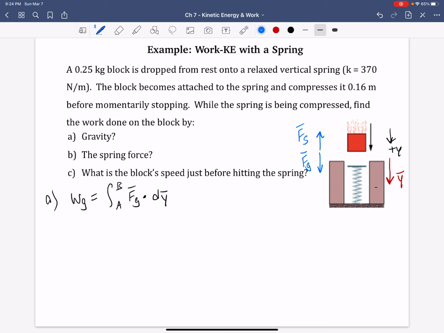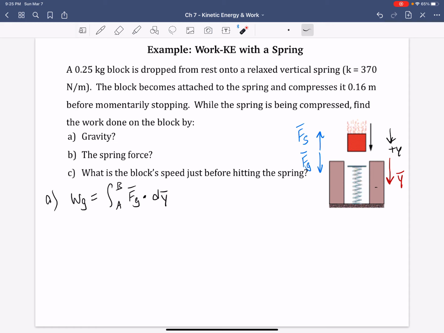So the force that will do positive work is the force that's pointing in the direction of positive displacement, in other words, down. Gravity is that force. Gravity will do positive work. The spring force will do negative work. Gravity will do its best to speed the block up and accelerate it downwards towards the center of Earth.